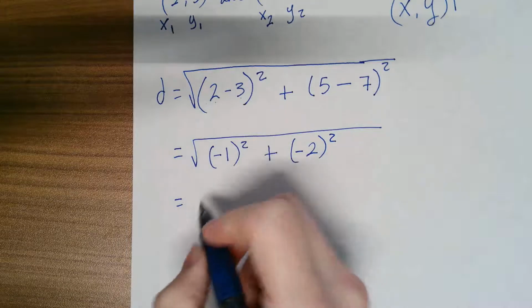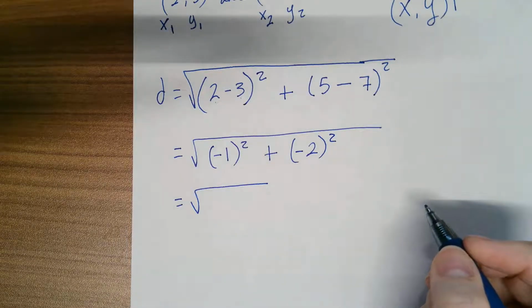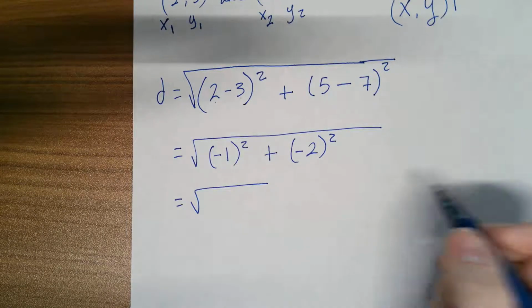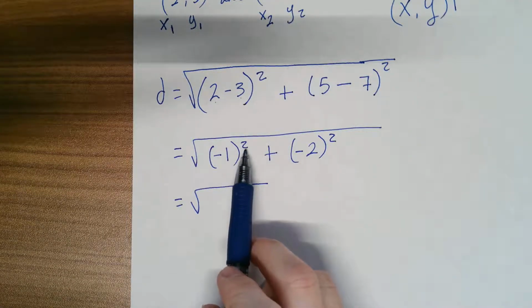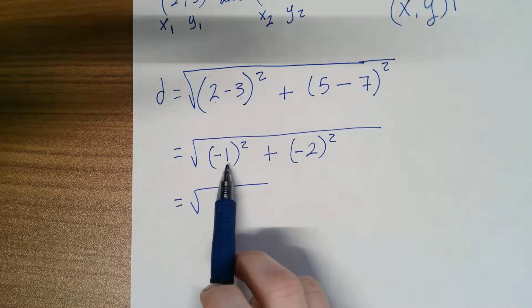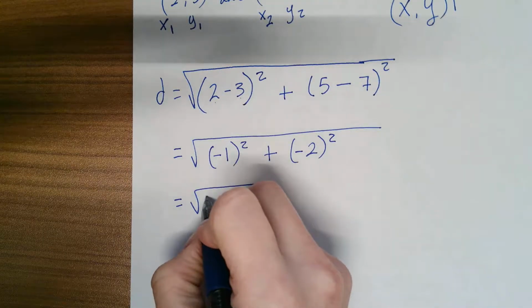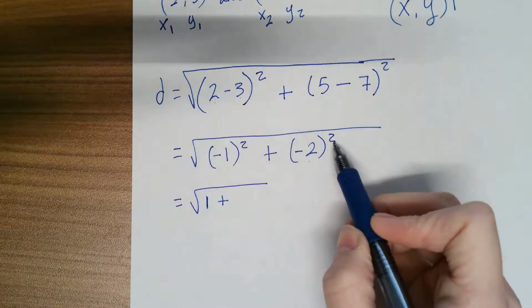So come down again. This is going to equal my square root. I want to simplify everything under the square root, and then we'll take the square root if needed in the end. So -1 squared. If I square a value, that means just multiplying it times itself. So -1 times -1. A negative times a negative is a positive, so this just gives me +1, plus -2 squared.